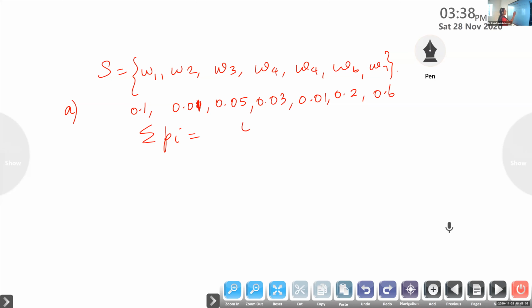What is 0.1 plus 0.01, 0.05, 0.03, 0.01, 0.2 plus 0.6? The sigma p i is 1. Michael, is it 1?